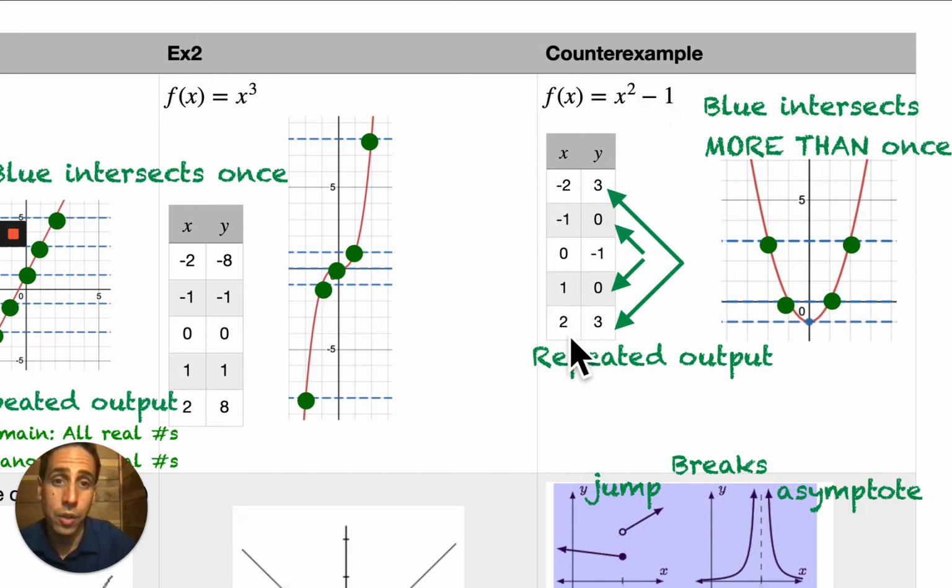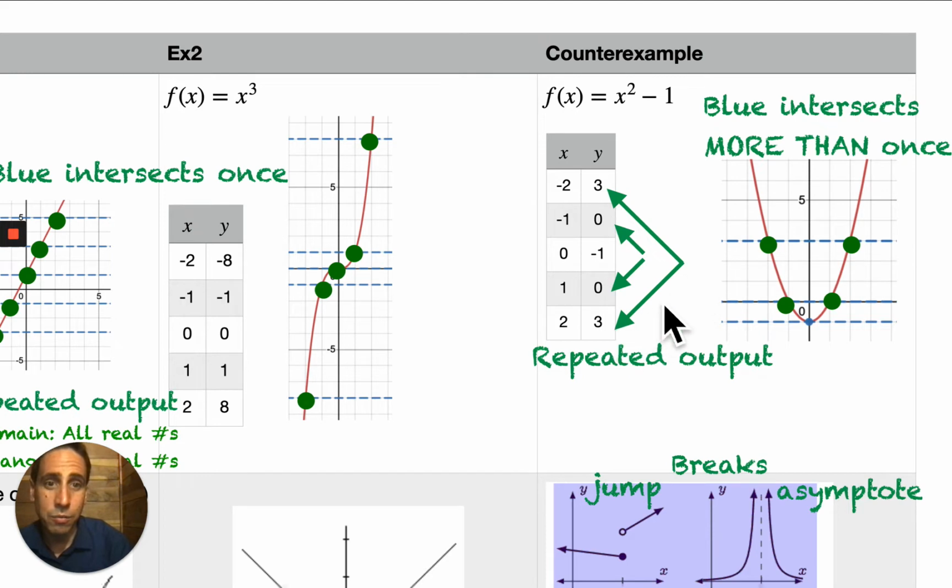For example, 2 times itself is 4, minus 1 is 3. 1 times itself is 1, minus 1 is 0. 0 times itself minus 1 is negative 1. Negative 1 times itself is positive 1, remember, negative times a negative is a positive, and when you subtract 1, you get 0. Negative 2 times itself is positive 4, minus 1 is 3.